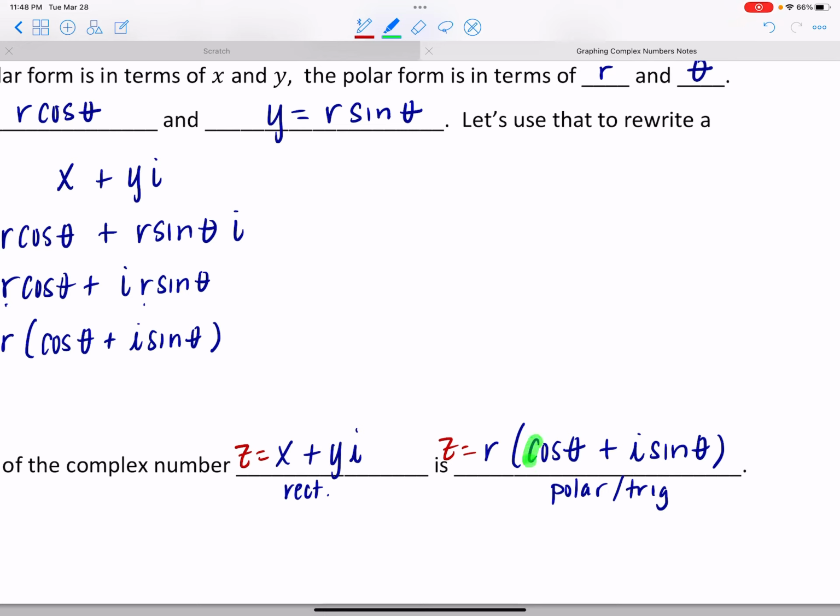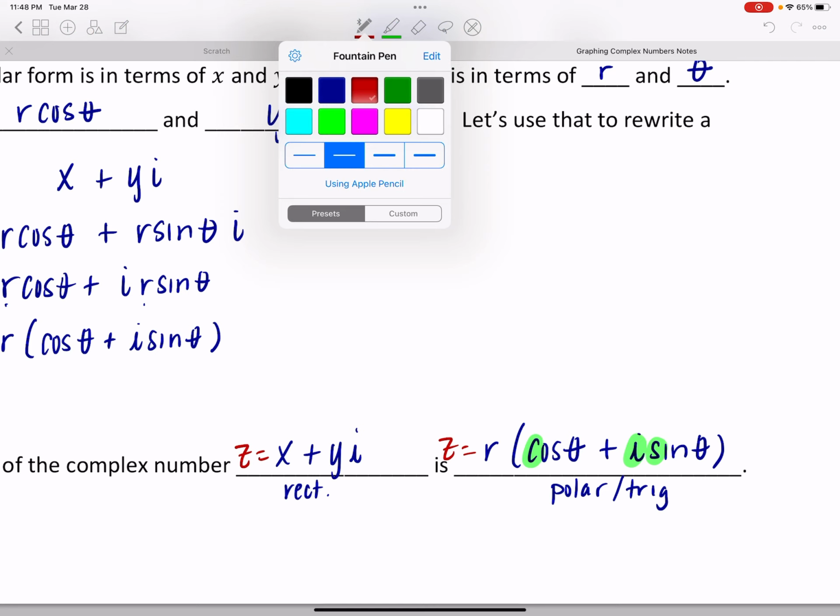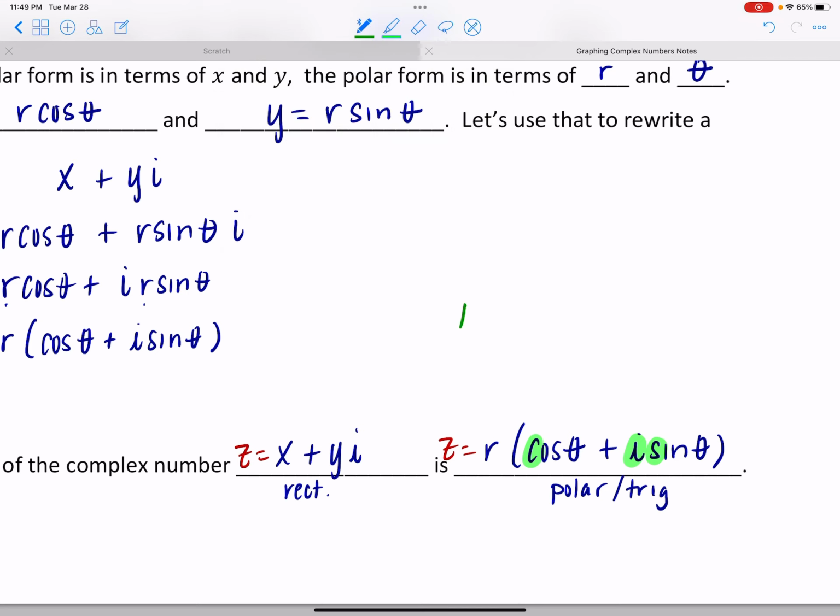So sometimes you'll see the c, i, and the s from the cosine, the imaginary, and the sine as an abbreviated form. We would say that z equals r, and then cosine, imaginary, sine of theta.